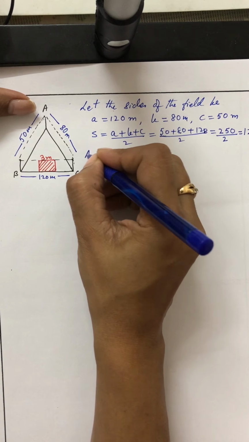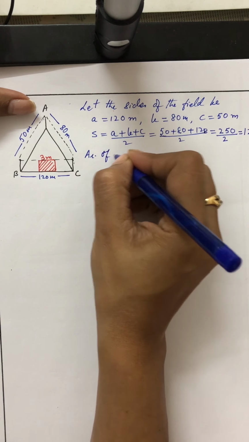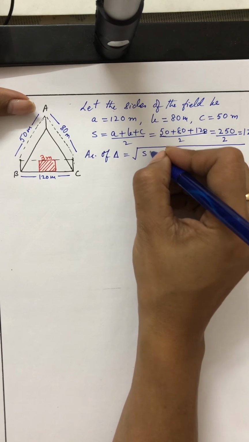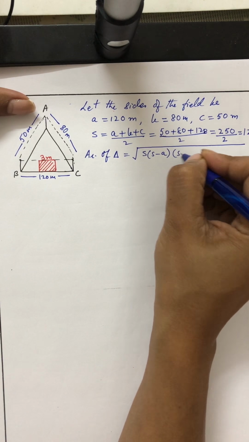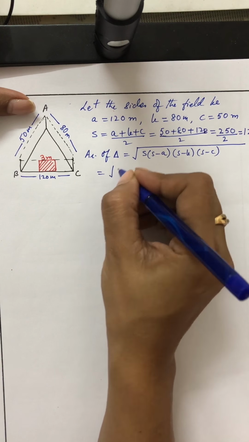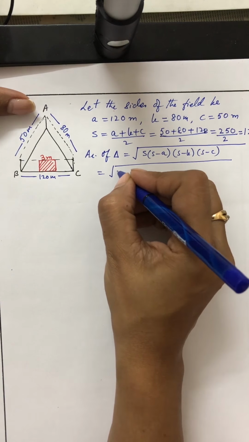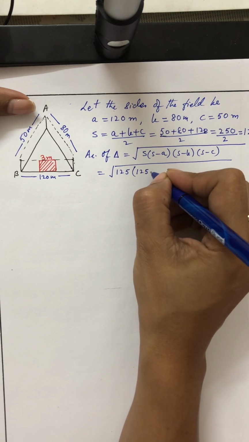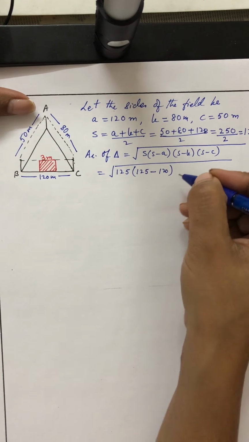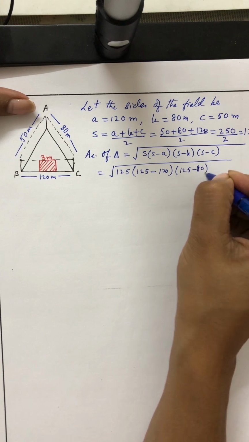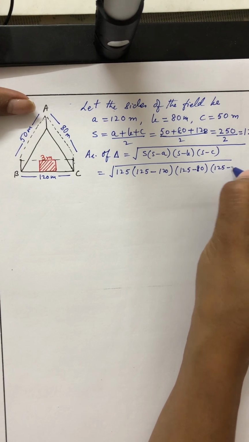Now I write the formula. Area of triangle is equal to a big square root S into S minus A into S minus B into S minus C. This is equal to square root of, let's put the values, 125 into 125 minus 120 into 125 minus 80 into 125 minus 50.